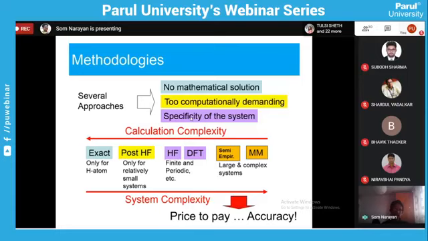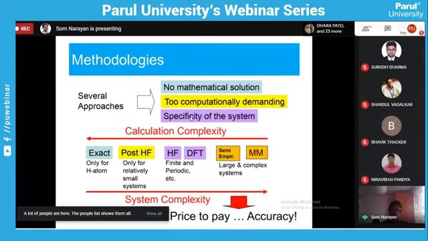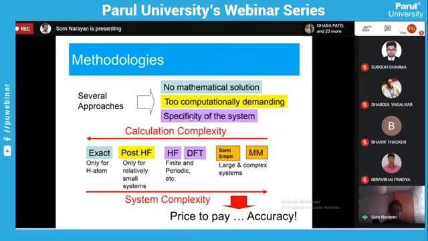So if we want the exact solution of a system, we can do it only for the hydrogen atom by using the Schrodinger equation. Then as we go for a large number of atoms, the complexity of calculation also increases.